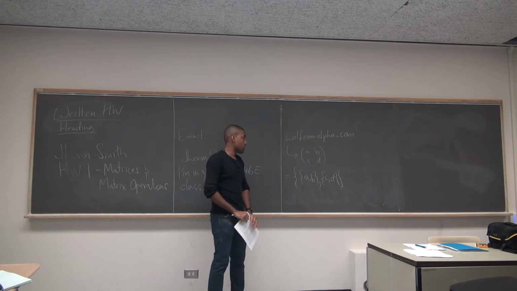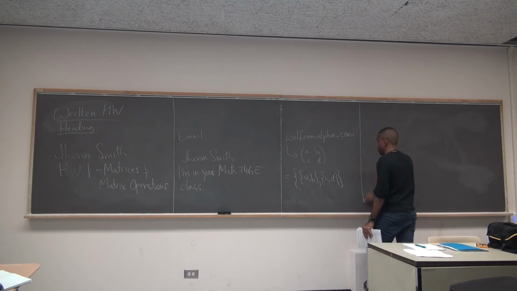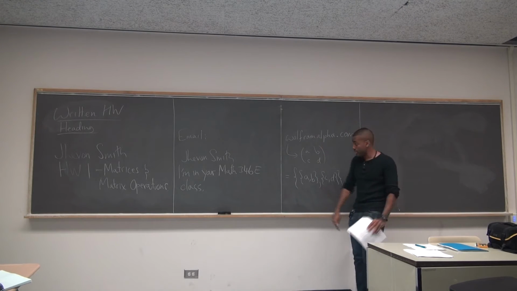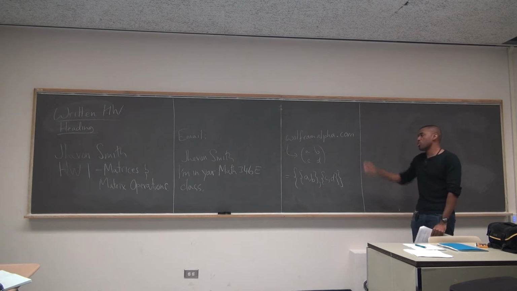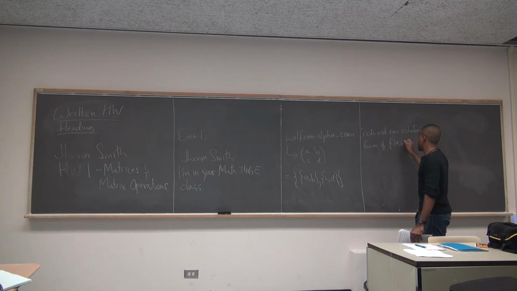Right? So for example, you might be doing something like finding the reduced row echelon form of a matrix, which we'll talk about later, don't worry about it. You can literally go to Wolfram Alpha and check your answer. You can type reduced row echelon form of, and it will actually tell you what the answer is, right?